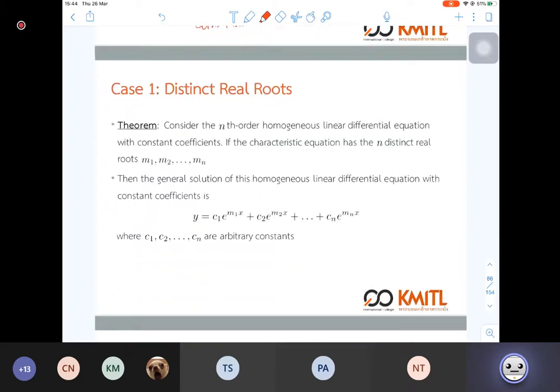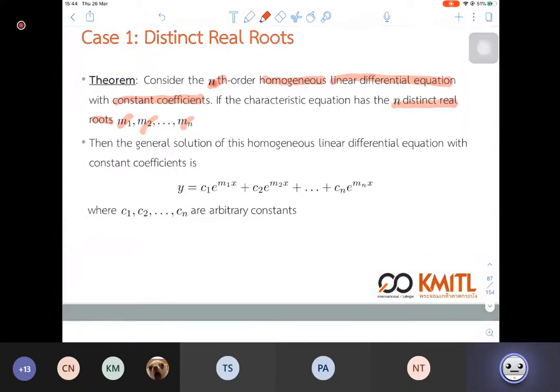So let's put that into a theorem. You have an nth order homogeneous linear differential equation with constant coefficients, and you have n distinct real roots, m1, m2, mn. They are not the same, they are different numbers. Then the general solution can be found by the linear combination C1 times the first solution y1, which is e to the power m1x, plus C2 y2, which is e to the power m2x, and so on, okay?